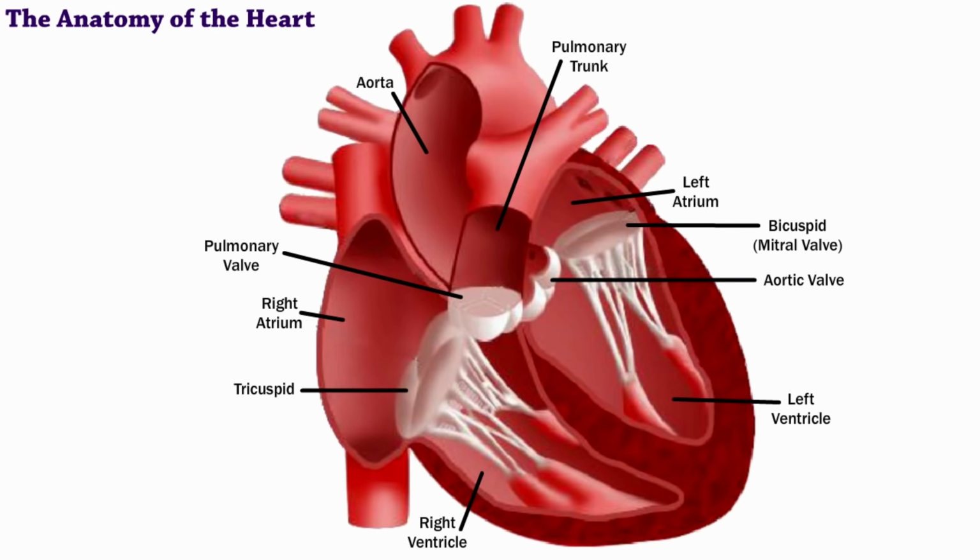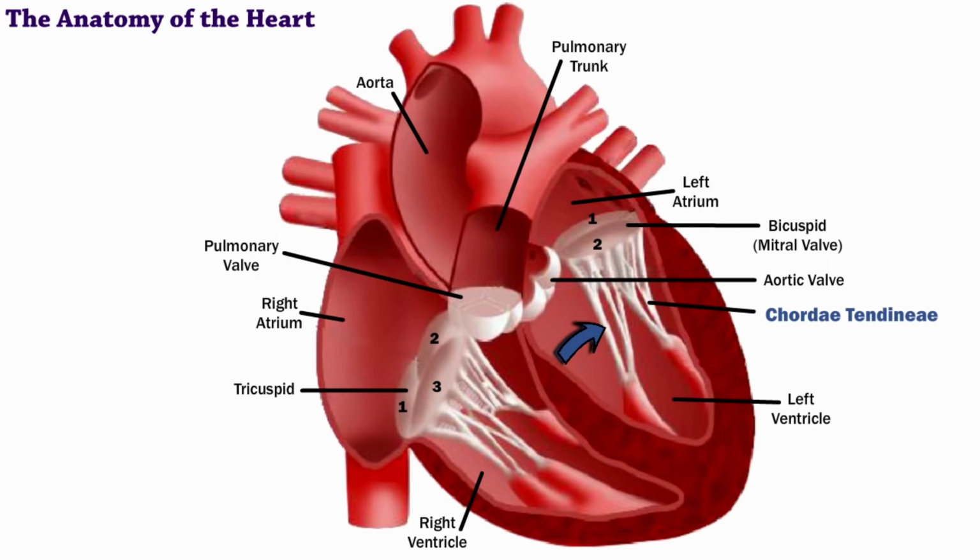When the AV valves close, they prevent blood from flowing back into the atria while the ventricles are contracting. The tricuspid has 3 flexible cusps, or flaps, and the bicuspid has 2.